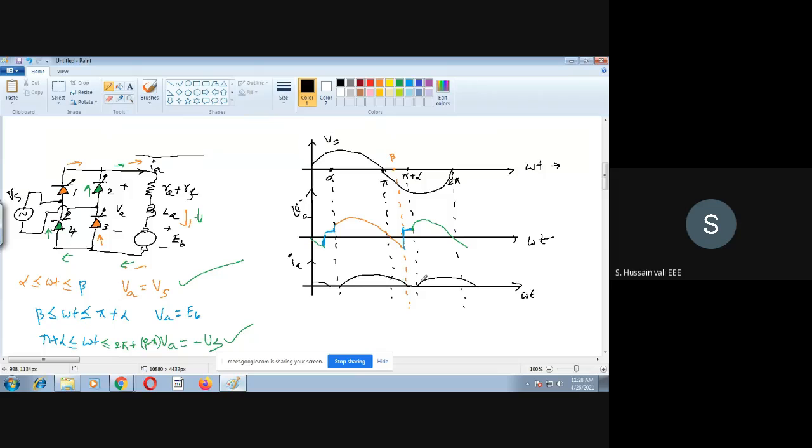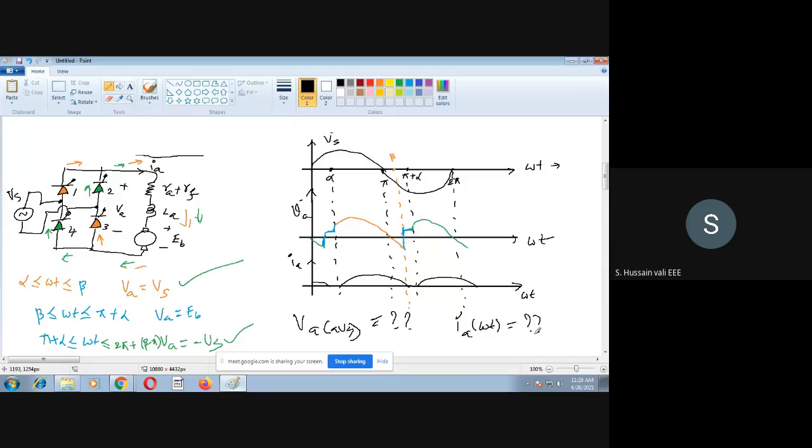And then what we are going to do is, what is the output voltage expression? VA average. And what is the current expression? IA of omega t. These two expressions, like I told you in the case of your semi converter also, you have to find out.